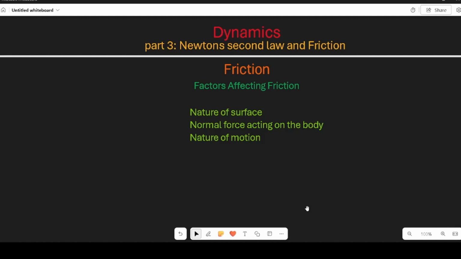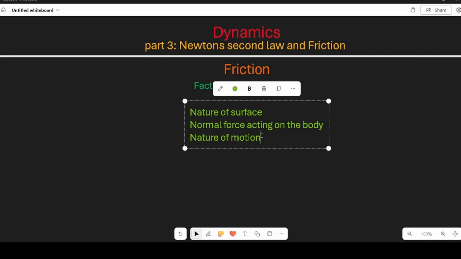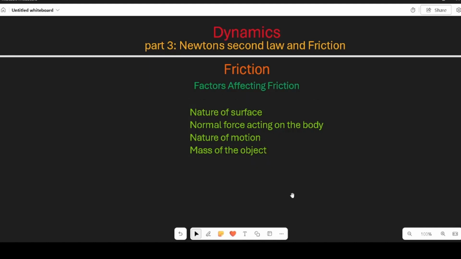Another factor affecting friction is the mass of the object. This is also one of the factors of frictional force, because the more the mass, the more gravitational force acting on it, and hence there is more friction.